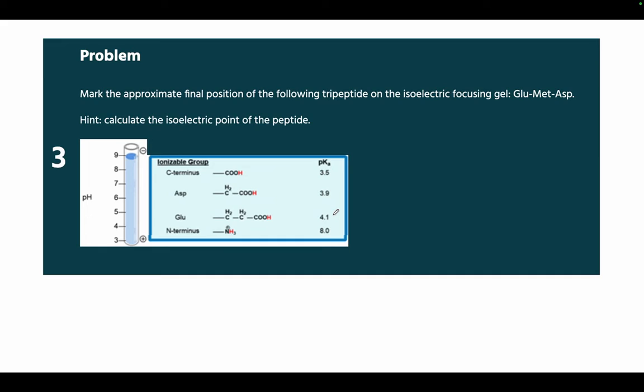Let us consider what will be the charge on this peptide at different pH. So let us just say, what are the pKs? 3.5, 3.9, 4.1, 8.0. These are the 4 different pKs in our peptide.